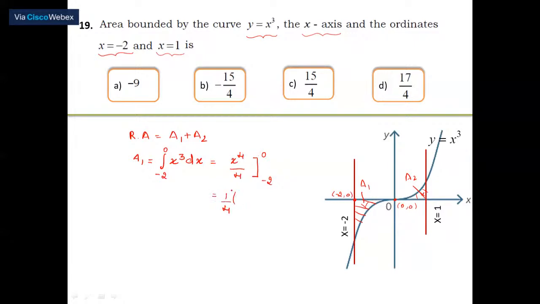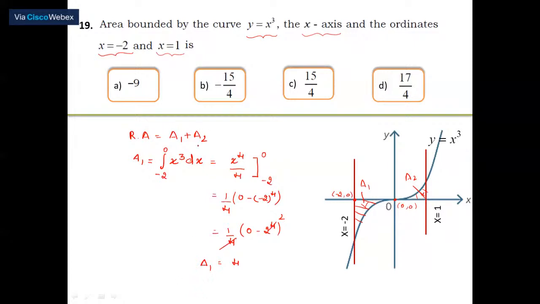For upper limit 0, our x power 4 is 0. And for lower limit minus 2, it's minus 2 to the power of 4. So it's 1 by 4 times minus 2 to the power of 4, which is nothing but 2 power 4, and that we can simplify finally to 4. And generally when it is area, we neglect this minus sign. So finally consider this A1 as 4.